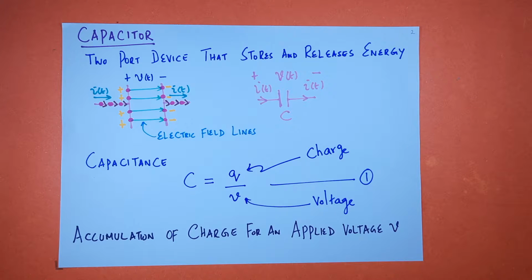So, capacitance is nothing but accumulation of charge for an applied voltage V. That is, for an applied voltage V, how much charge gets accumulated or stored by the capacitor, that quantity is called capacitance.